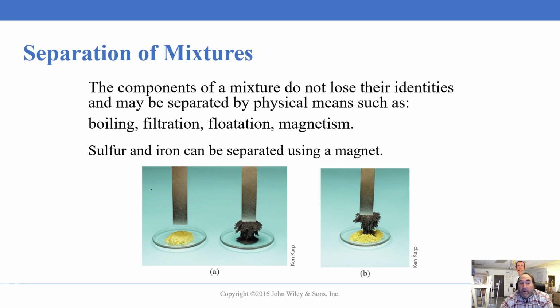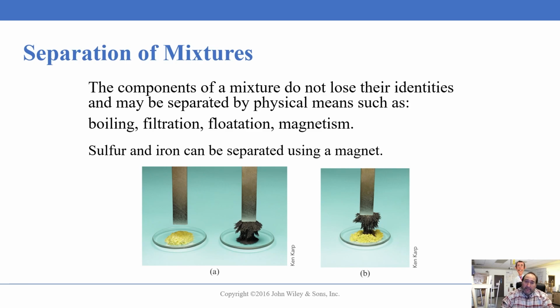We could boil it, we could filter it, we could do flotation or magnetism to it. Sulfur, for example, here in this picture, and if we put some iron on it, we can use a magnet to separate them out. The magnet obviously can grab the iron, but not the sulfur, and you'll be able to undo that mixture.